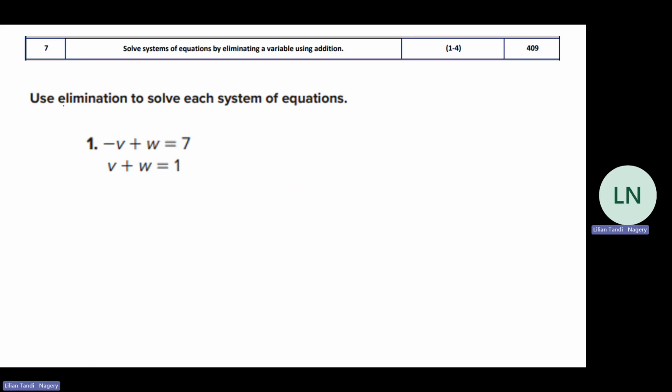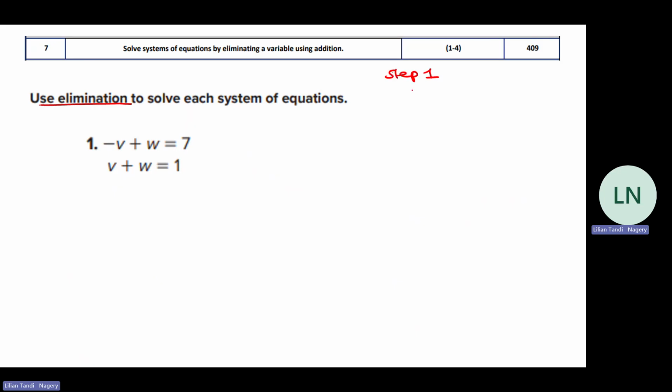Okay. Elimination. Now, when it comes to elimination, there's a question you have to ask yourself. That is the first thing you have to ask yourself. So that is step 1.